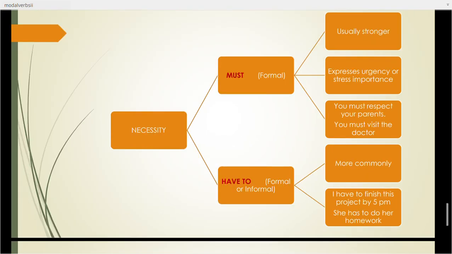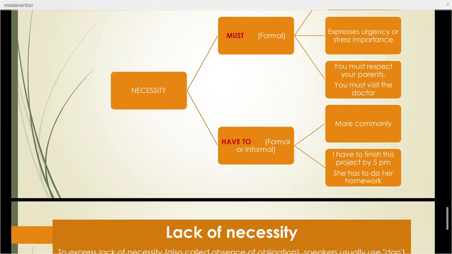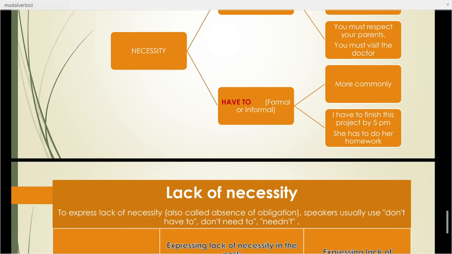For example, you must respect your parents. And another example would be, you must visit the doctor. Have to is more common among native speakers. Some examples are, I have to finish this project by 5 p.m. and she has to do her homework.